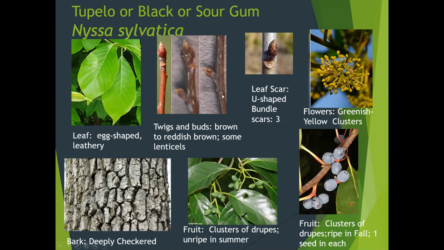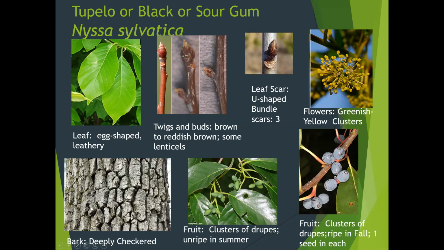Their leaf scars are U-shaped. In the leaf scar, there are usually 3 individual dots, which are the bundle scars. The flowers are greenish yellow, and they come in clusters. And then the fruit come in clusters as well. They're drupes, and they ripen in the fall. There's usually 1 seed per drupe. What they look like in the summertime is more of a greenish color, but then they ripen into a blue purplish color in the fall.